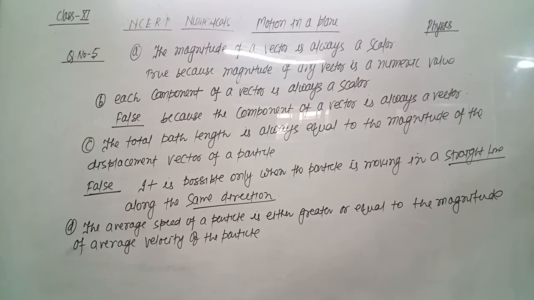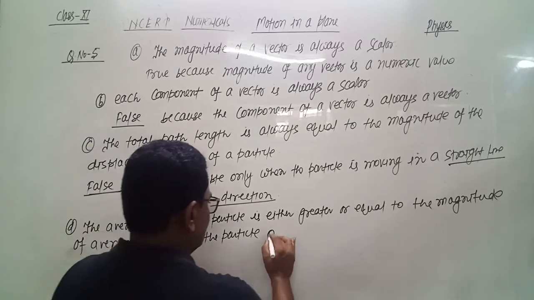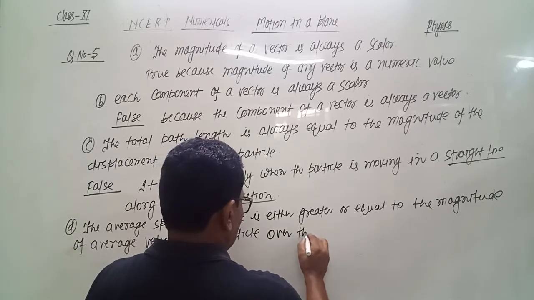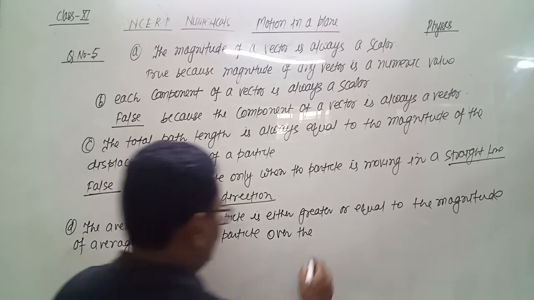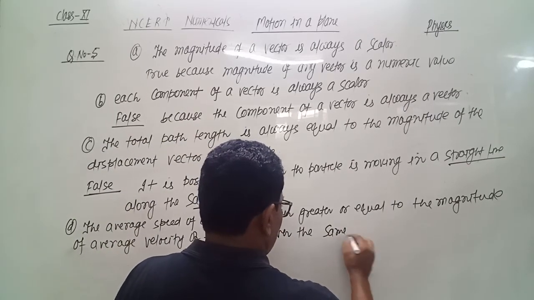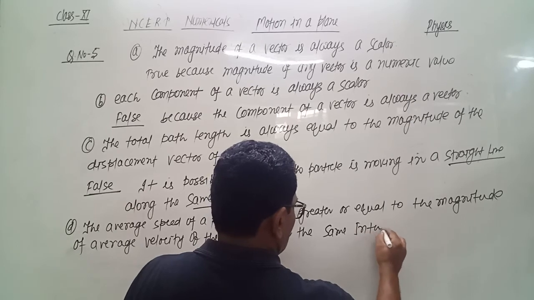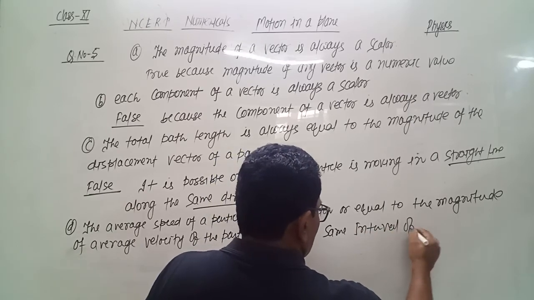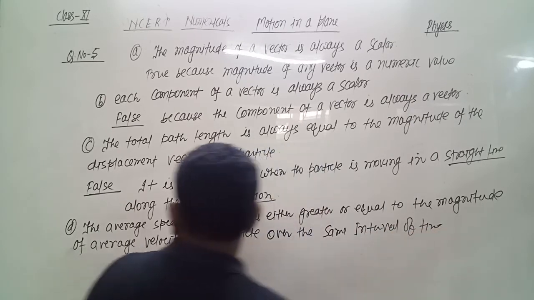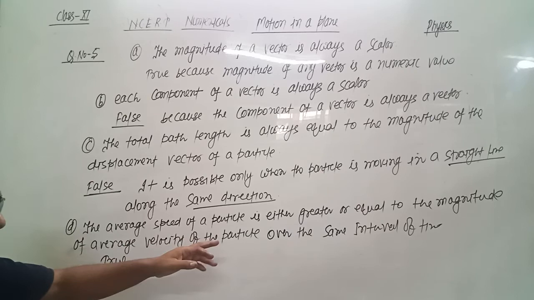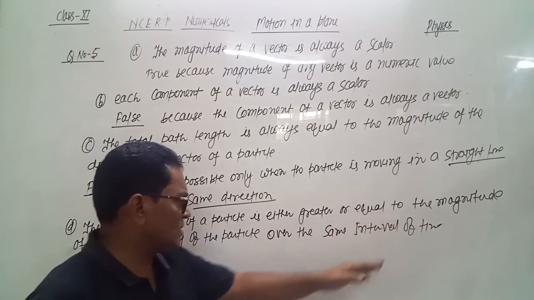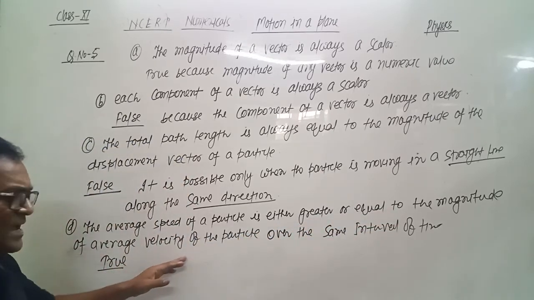So this is true, over the same interval of time. The average speed is either greater or equal to the magnitude of average velocity.